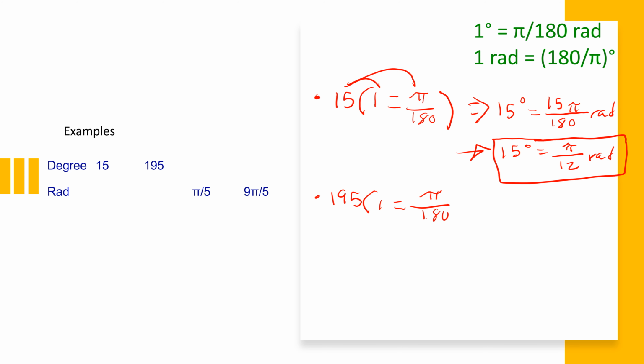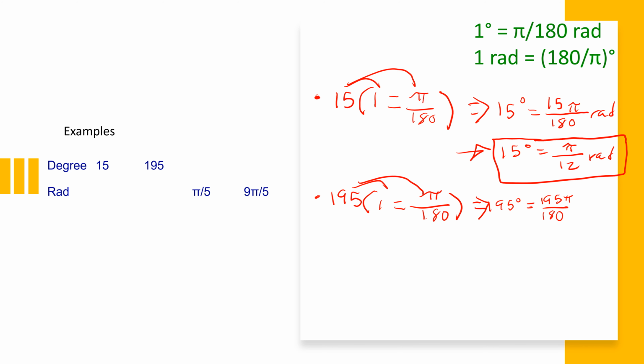Once I distribute the 195, I get 195 degrees equals 195 pi over 180, right?